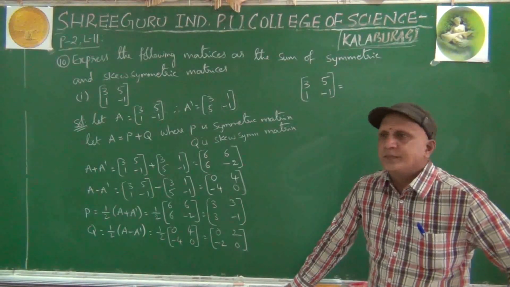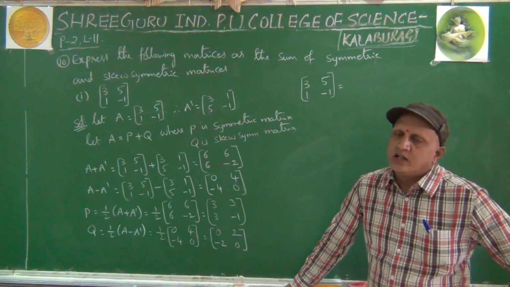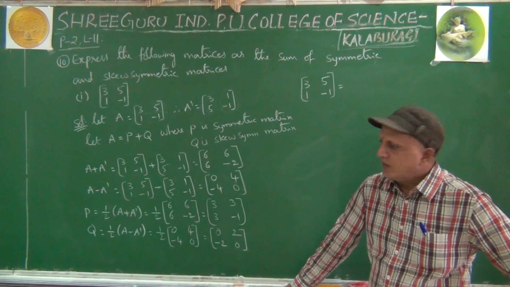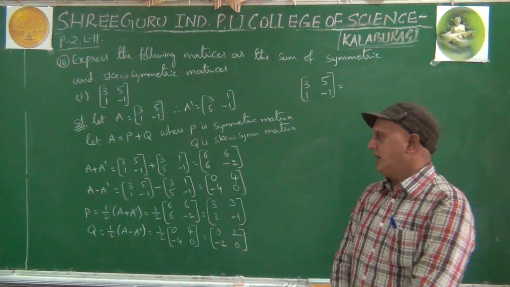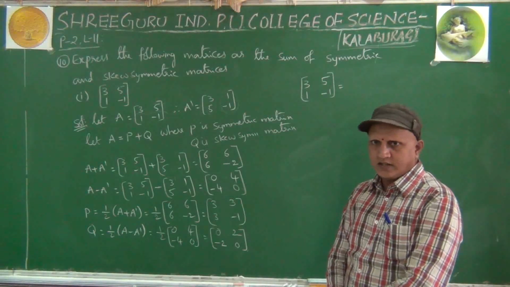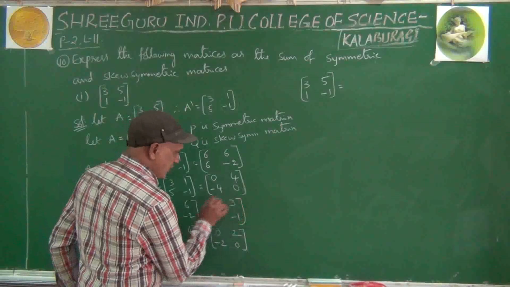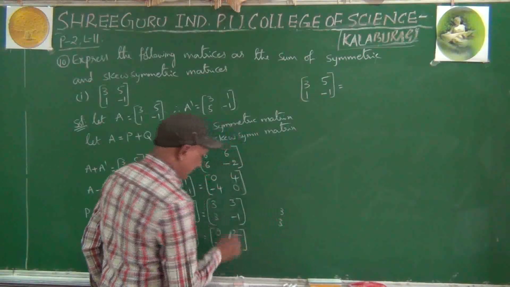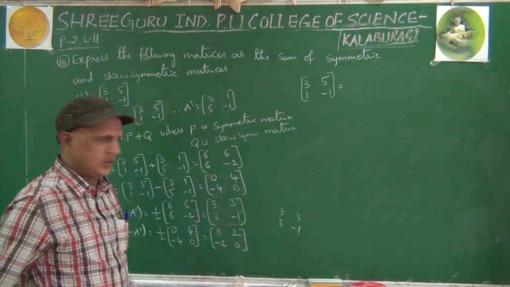A square matrix A is said to be symmetric if A dash equals A. If A dash equals minus A, then it is a skew symmetric matrix, right? If you find the transpose, first row becomes first column, second row becomes second column. A dash equals A, so it is symmetric.